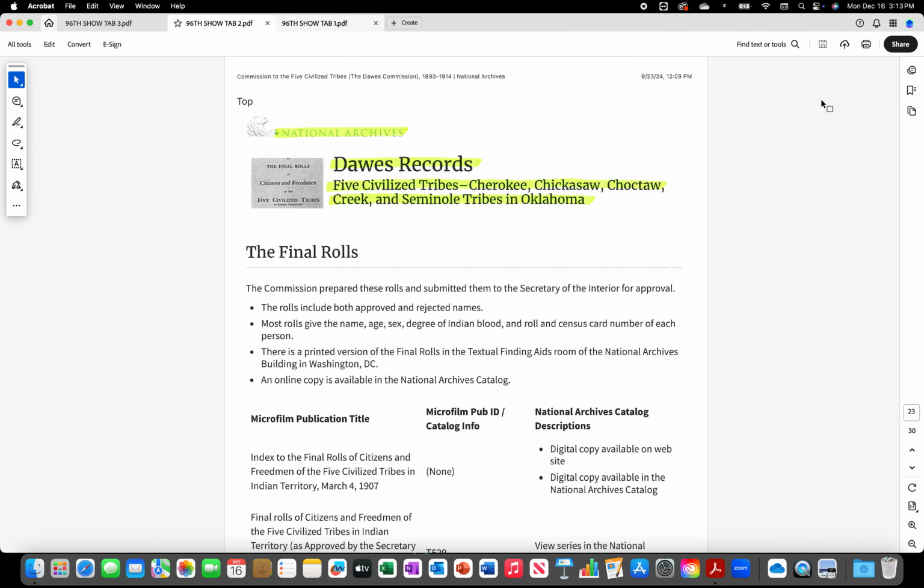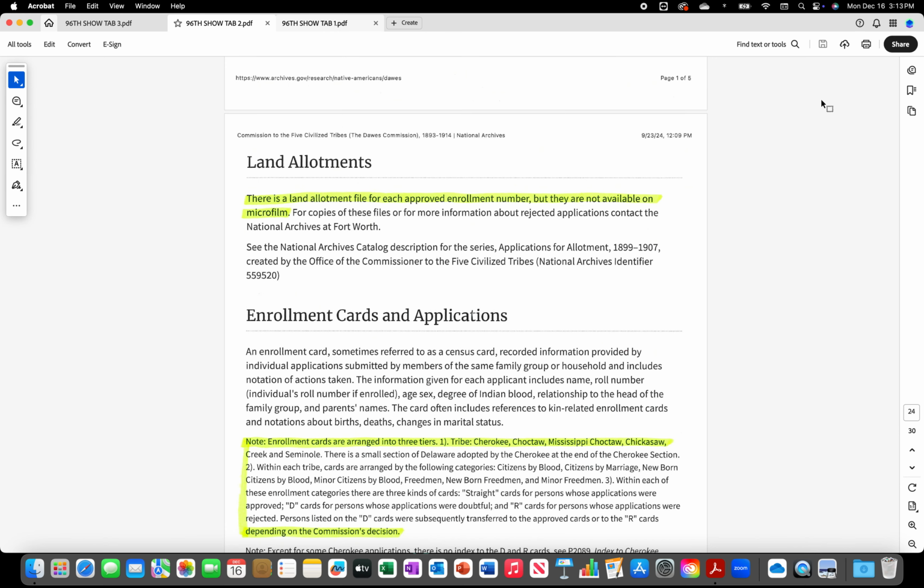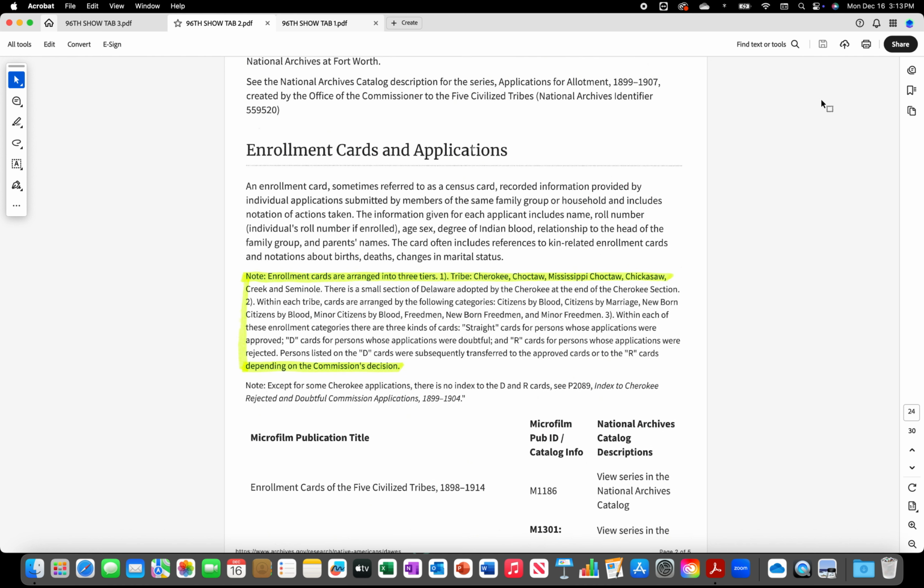This is from the National Archives. Dawes Records. Five Civilized Tribes: Cherokee, Chickasaw, Choctaw, Creek, and Seminole tribes in Oklahoma. There is a land allotment file for each approved enrollment number, but they are not available on microfilm. Enrollment cards are arranged into three tiers: Tribe, Cherokee, Choctaw, Mississippi Choctaw, Chickasaw, Creek, and Seminole. There is a small section of Delaware adopted by the Cherokee at the end of the Cherokee section.